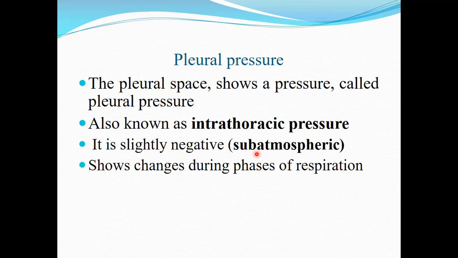Now this pressure is a negative pressure, and by negative pressure we do not mean an absolute negative value. Instead, by negative pressure we mean that pressure in the pleural space is less than atmospheric pressure, or it is subatmospheric.